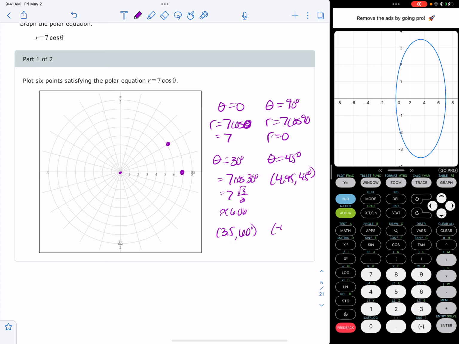And then I got negative 4.95, 135 degrees. And I just kept going until I had enough points that I could get my circle. So something like this. And then it was the same ones on the bottom.